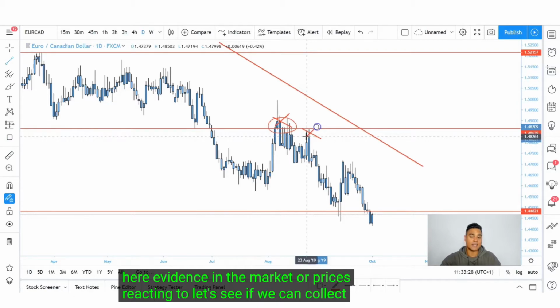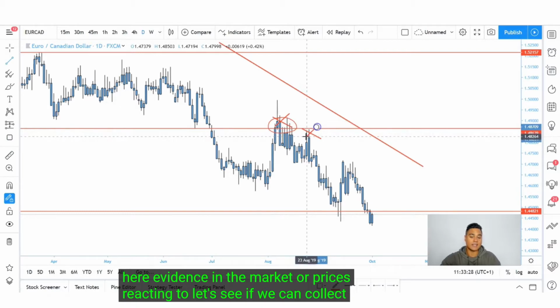Now, does this mean we're looking to enter as soon as price comes back to this level? Well, again, no. What we need to start seeing forming is a reaction from this level. That could be wicks, that could be bearish candles, that could be pin bars, dojis. I really don't care. I'm not here to teach you entries.